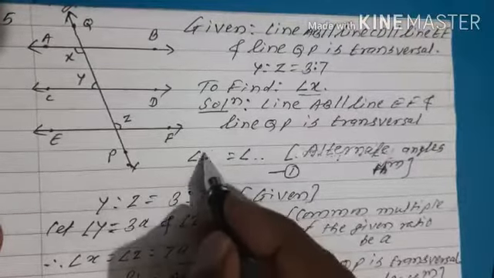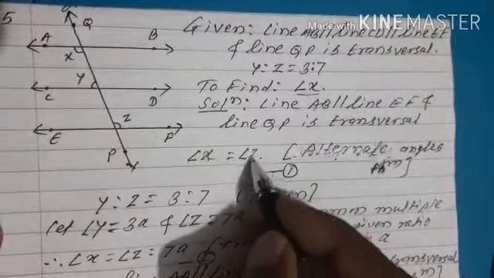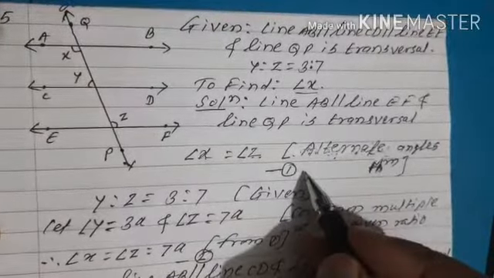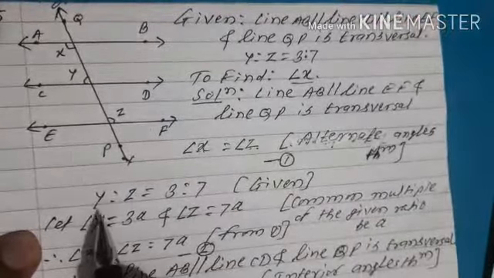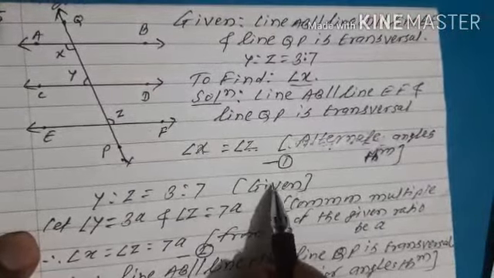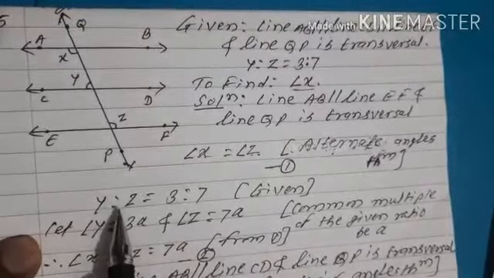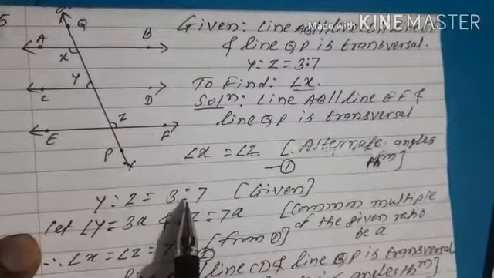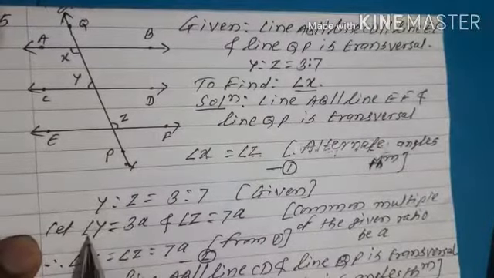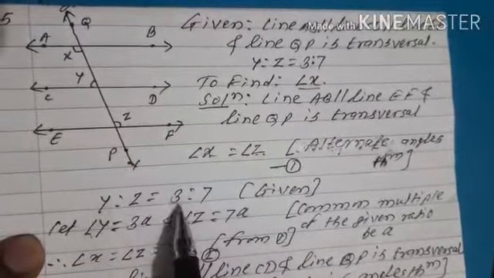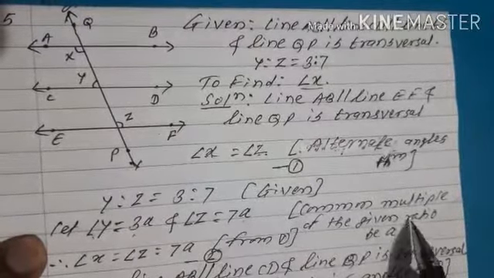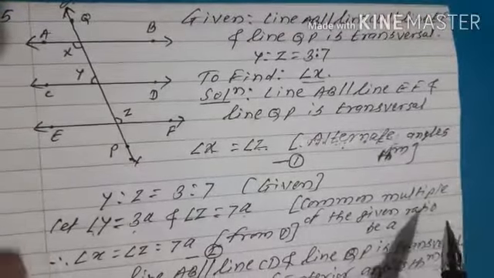Hence I write here angle X is equal to angle Z, alternate angles theorem, equation first. Again, y is to z is equal to 3:7, given. Let me consider the common multiple of the given ratio to be a. Hence you write here angle y is equal to 3a and angle z is equal to 7a. The reason is given here.